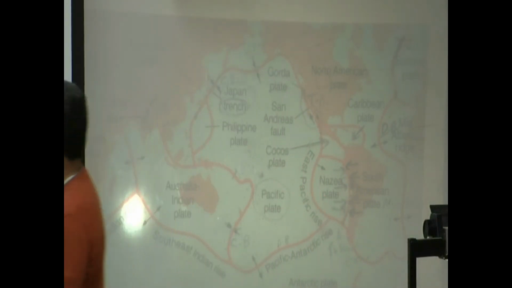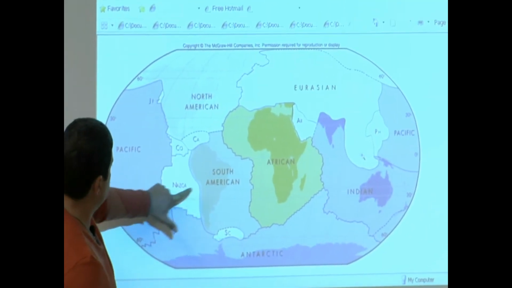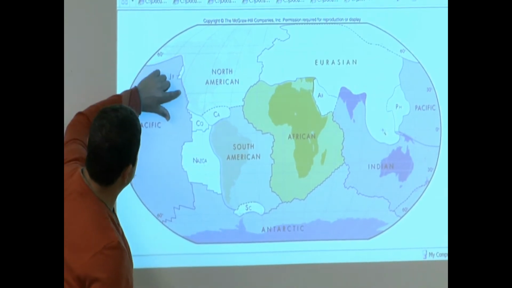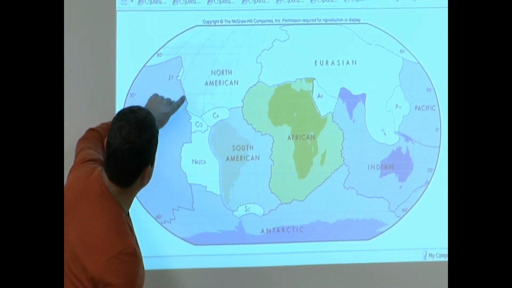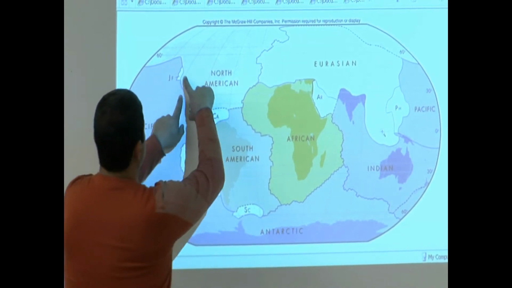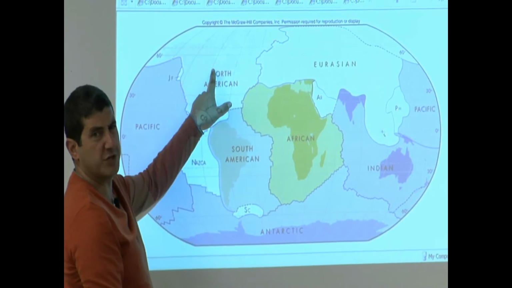This is another picture of that, you see. North American plate, South American, Nazca, Pacific plate. You see here, California. It's kind of hard to see, but we're living over here on the western side of the Pacific plate, and then these two plates are passing each other. If you live here or here, you don't worry too much about earthquakes.